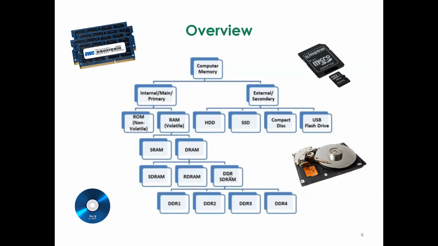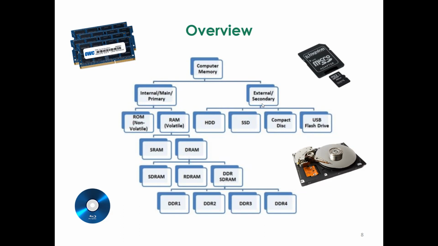This is double data rate SDRAM, from 1, 2, 3, 4, with one having a lower data rate and 4 having a higher data rate, meaning you can pull more data from that memory at the same time and faster.